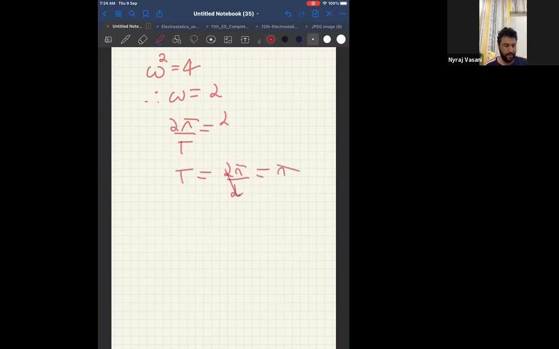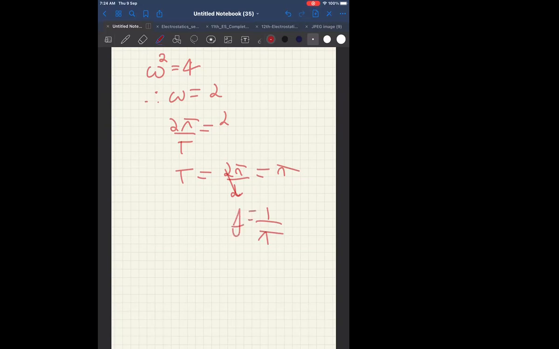Therefore, time period equal to pi. Just check whether you are understanding. Clear? Easy. Now, if they had asked frequency, frequency would be 1 by pi, because time period is the reciprocal of frequency. Okay.